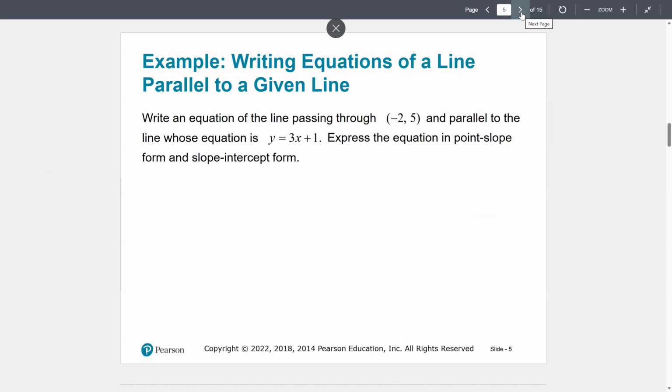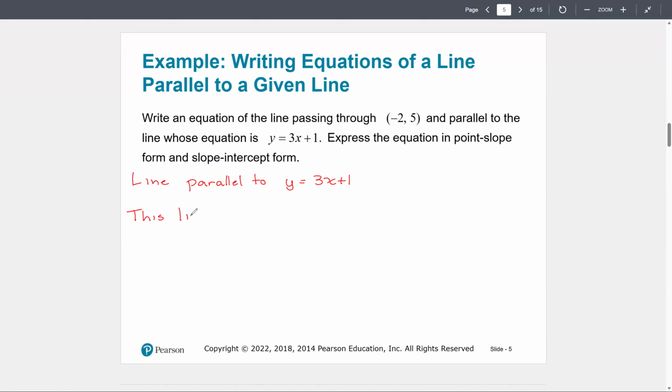So we want to write an equation of a line passing through the point -2, 5 and parallel to the line whose equation is y equals 3x plus 1. We want to express the equation in point slope form and slope intercept form. So we want a line parallel to y = 3x plus 1.